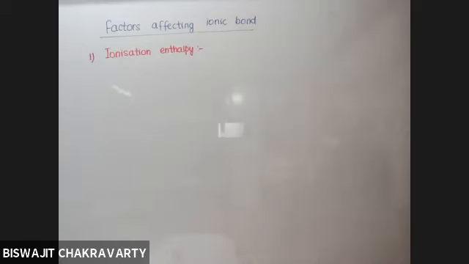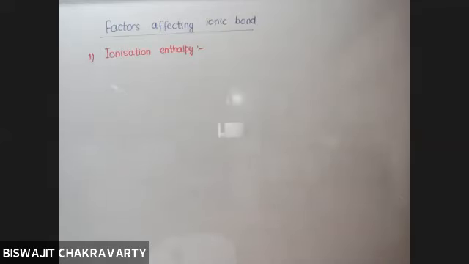So lesser the ionization energy required to remove the electron, we say that more metallic is the character. And more metallic is the character, higher will be the possibility of formation of the ionic bond.